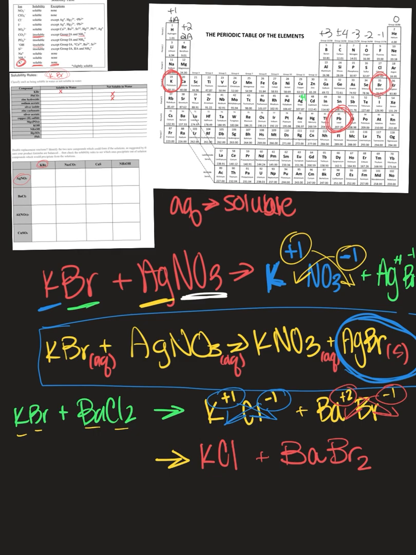All right. Now, our final equation here is KBr plus BaCl2 yields KCl plus BaBr2. Now, throwing it back a little bit further, is this balanced? Do you have the same number of each compound on each side? No, you do not.